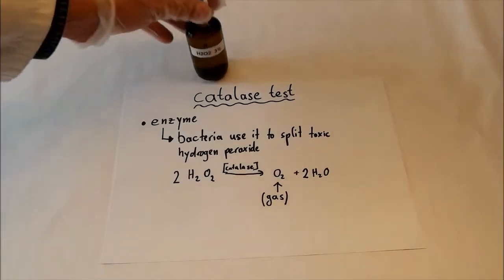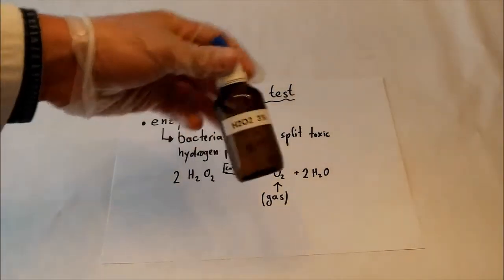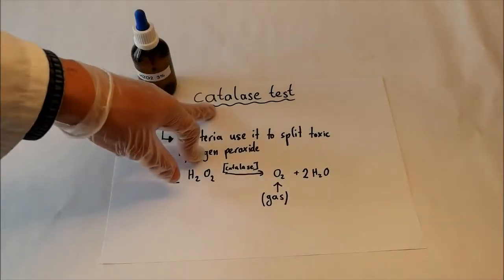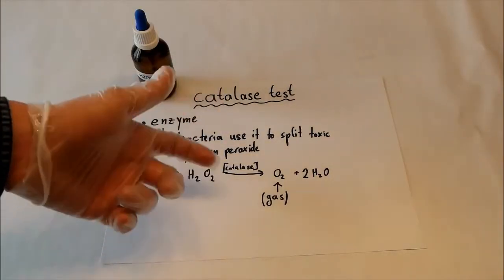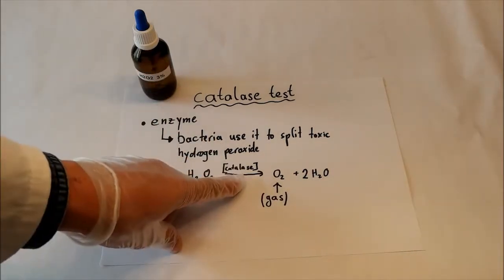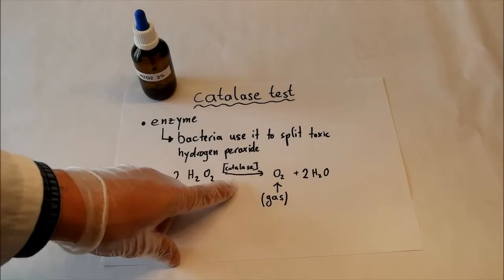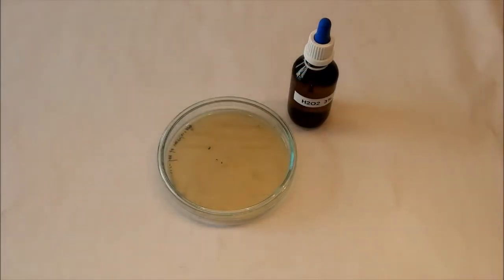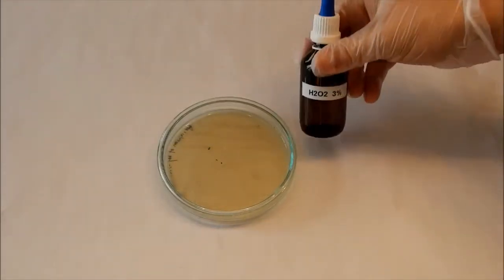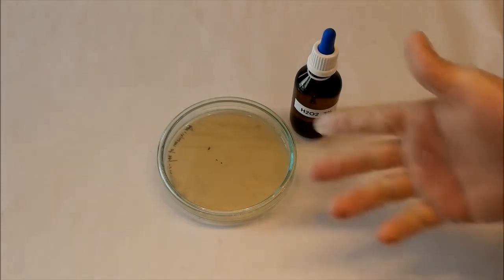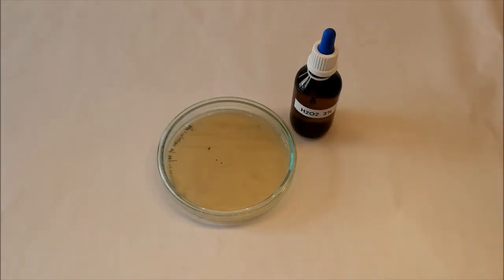When we now drop our hydrogen peroxide on a bacteria colony and it's catalase positive, you will see bubbles come out of this colony, because the catalase, if the bacteria produces it, splits the hydrogen peroxide. So now I'll drop a bit of this hydrogen peroxide on a colony to see whether it's catalase positive or negative.